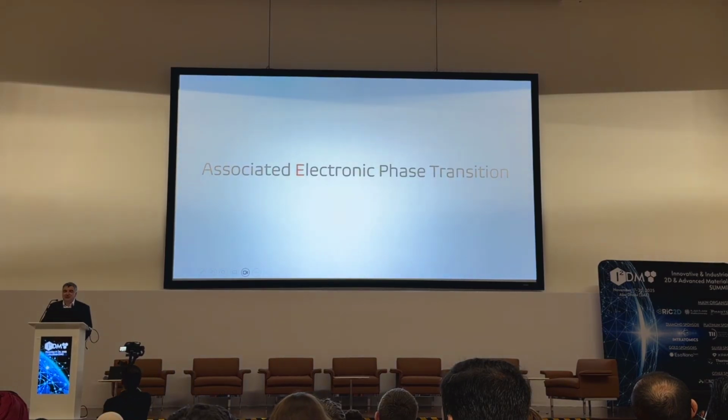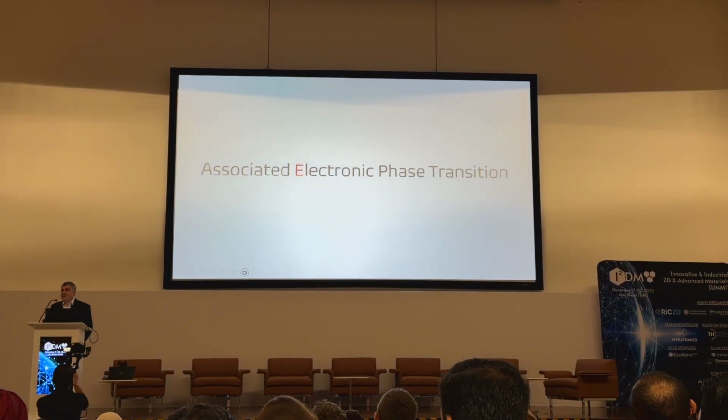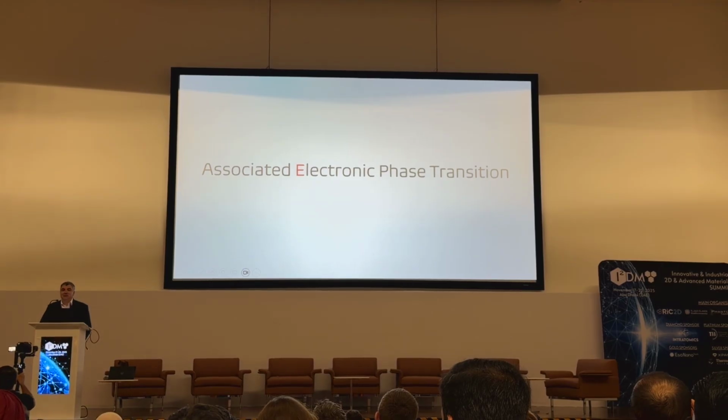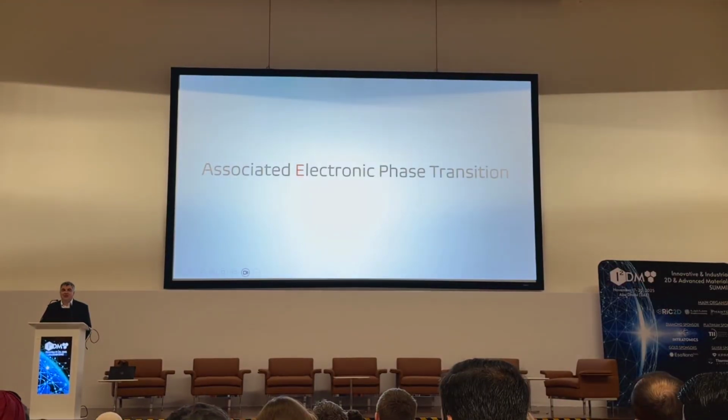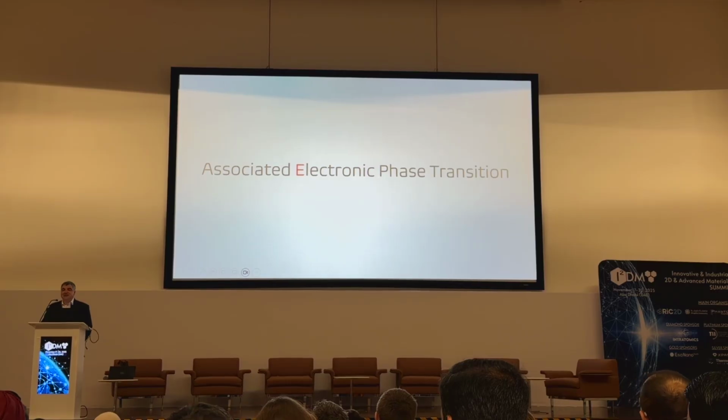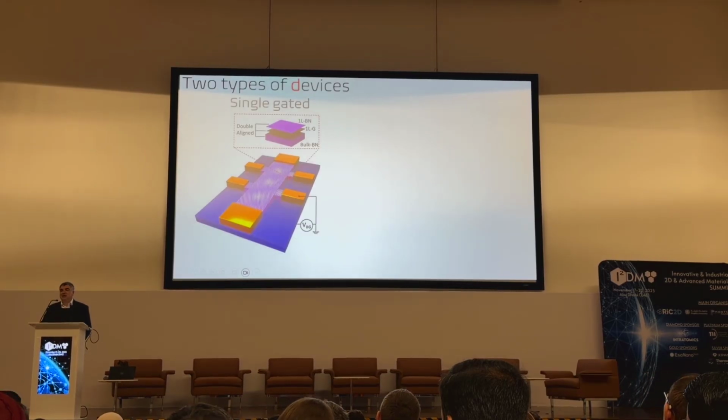So now, unfortunately, I'll have to get a little bit technical here just to demonstrate what kind of new phenomena we can see in such heterostructures. And I will be using two types of devices. The physics is pretty much essentially the same.